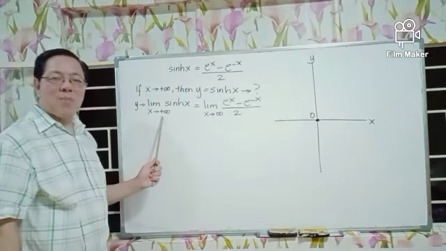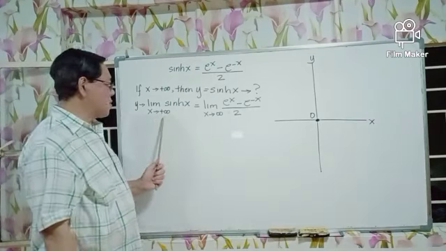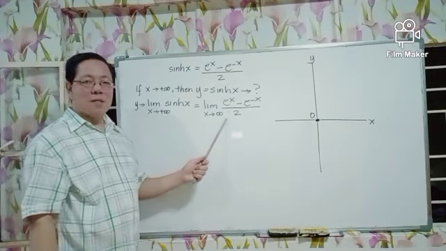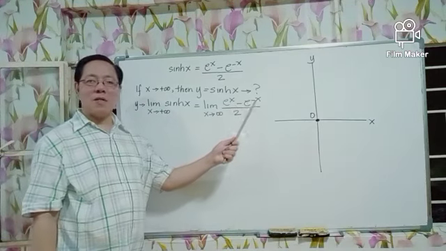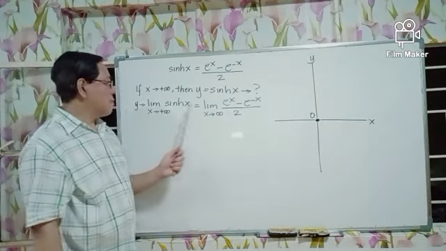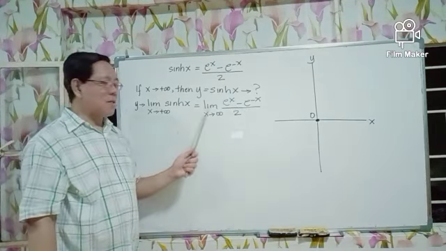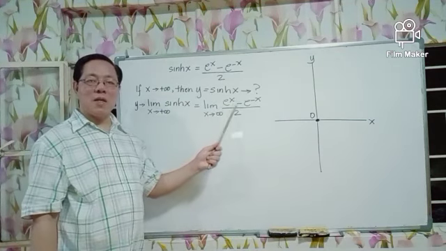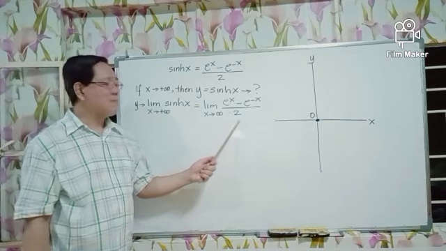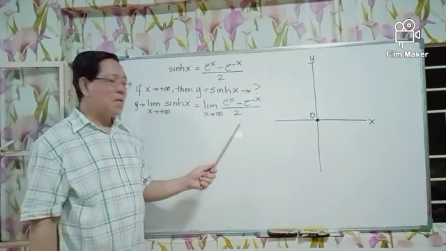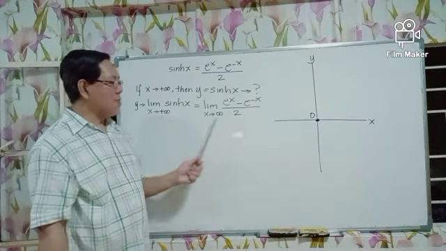Now, the limit of the hyperbolic sine of x as x approaches positive infinity is equal to the limit of e to the x minus e to the minus x all over 2, because hyperbolic sine of x is defined as e to the x minus e to the minus x all over 2. And we apply properties of limits to evaluate this limit.